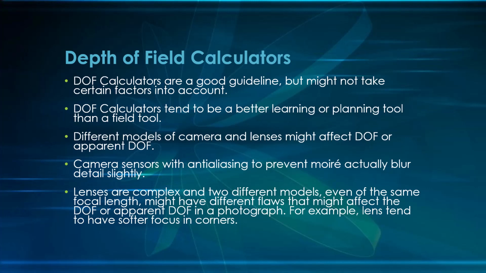I think Canon actually has a patent for curving the sensor so you get less out-of-focusness and less distortion at the edges of a picture. So that's something to bear in mind. There are all sorts of aspects within a lens that might throw off or alter the depth of field that you get from a particular calculation.